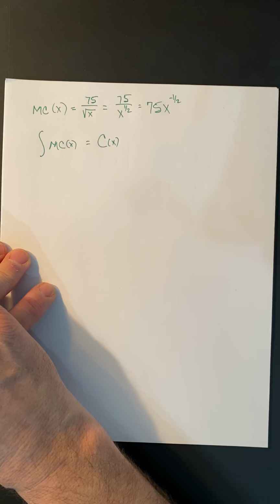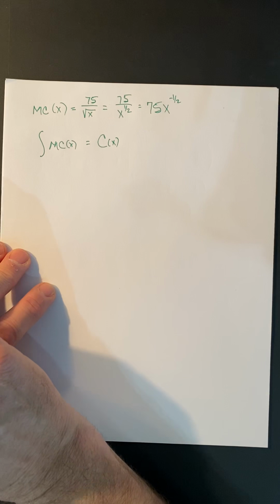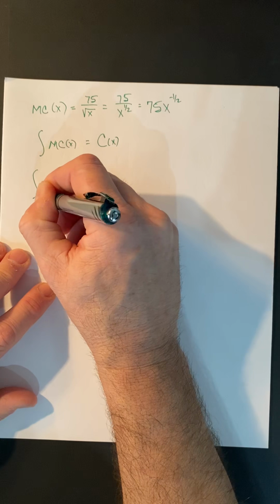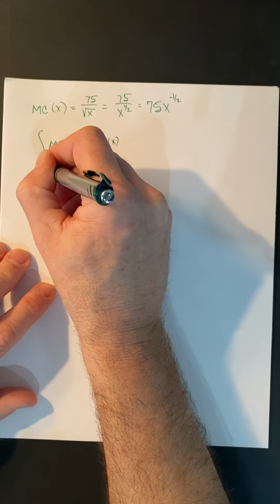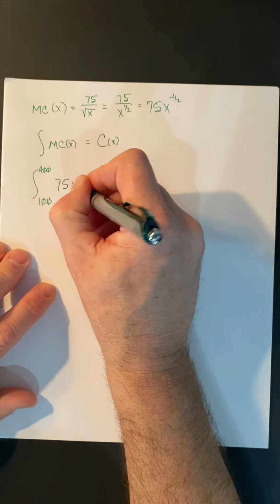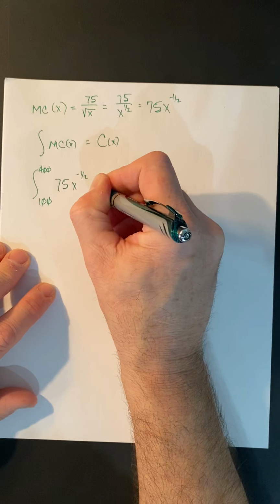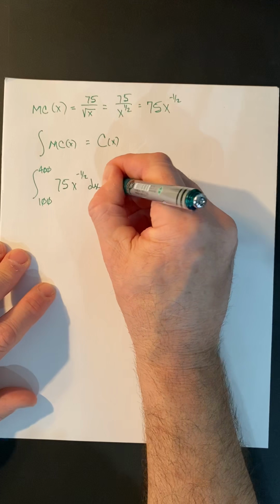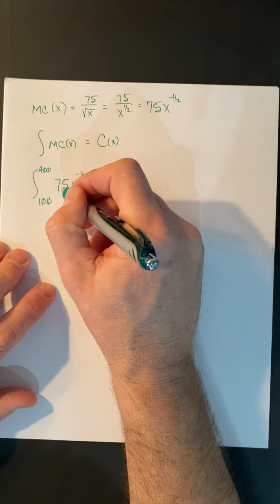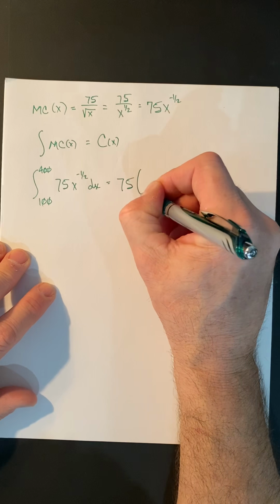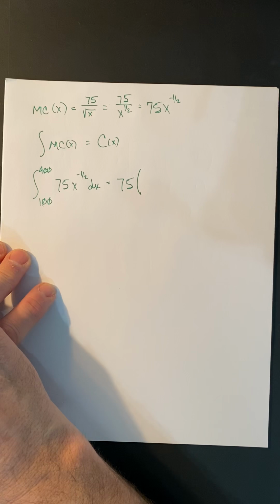So the total cost of producing the units 100 through 400 would look like this. From 100 to 400, I'm going to integrate 75x to the minus 1/2 dx, okay? And when I do that, remember I'm going to pass through the 75. I'm going to leave him out here, and I'm going to look at what happens in here.